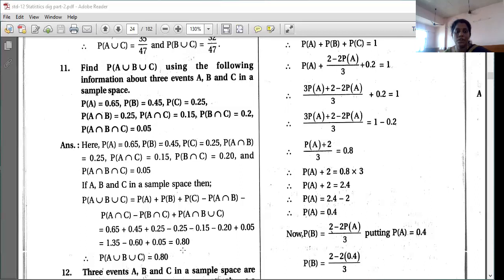From the question, whatever information is given, find that first, and on that basis you can find the solution. Practice these 7 sums, and in the next video I will explain from sum number 12. Thank you so much for today.